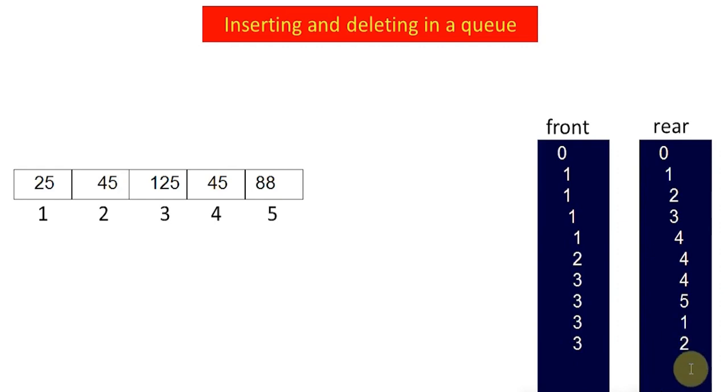Always remember, when the value of front is equal to rear plus 1, that is an indication that the queue is full. Now if you want to insert a new element, that will result in an overflow error. So always remember this situation: when the value of front is equal to rear plus 1, the queue is full and an overflow error is bound to take place.